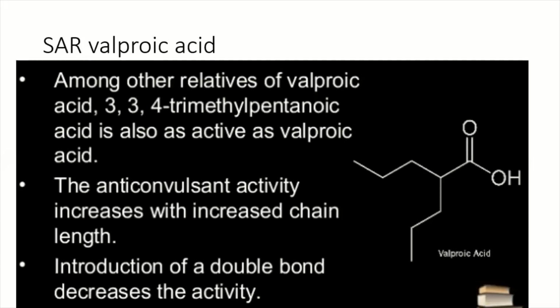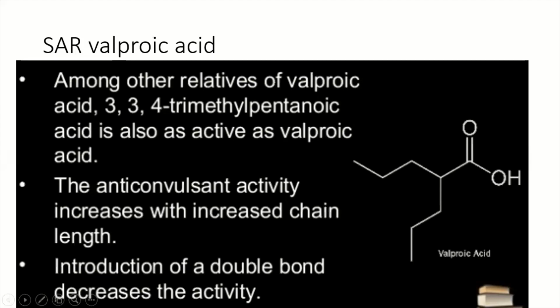Then this is the structure of the valproic acid derivative, or sodium valproate, which is also called by the name Valium. There are derivatives of valproic acid, and based upon the substitution, you get the different derivatives.